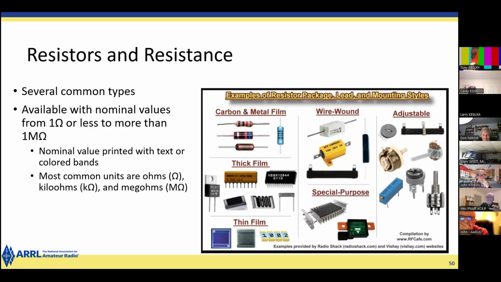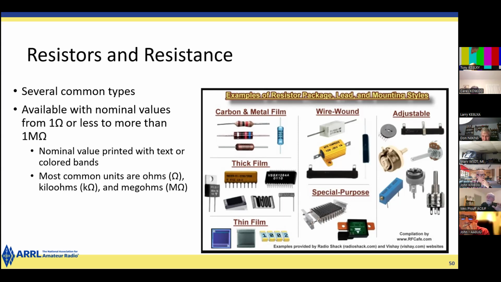Metal film types have a tube of metal film between the ends, and that has a certain amount of resistance per square area. And so you get the resistance you want by changing the composition of the metal compound.